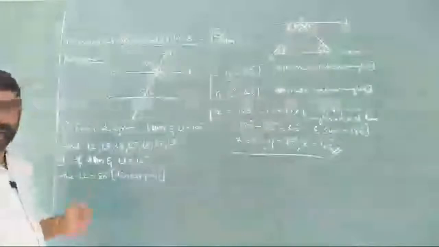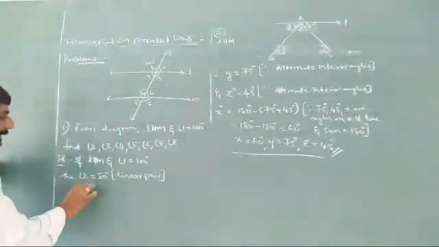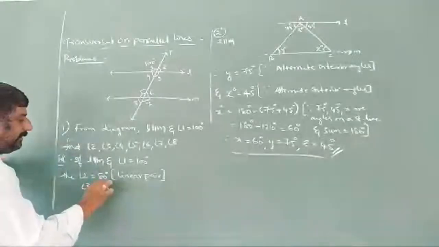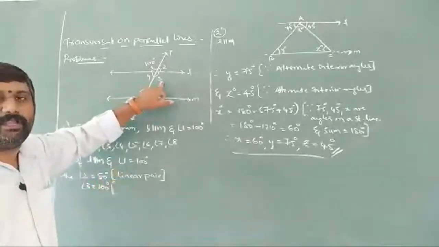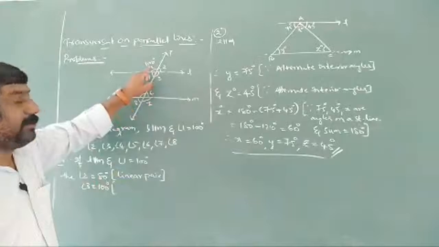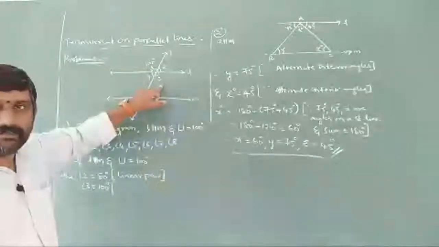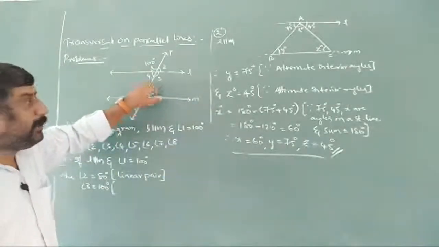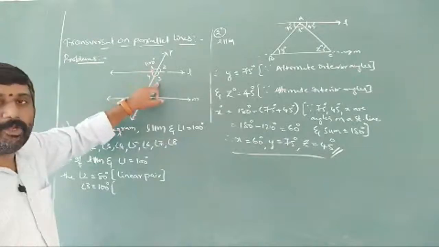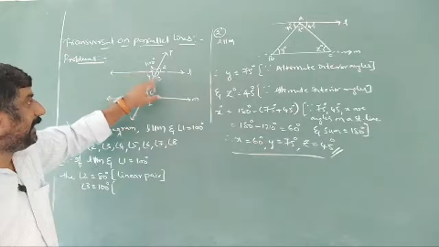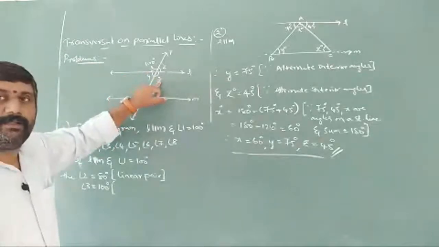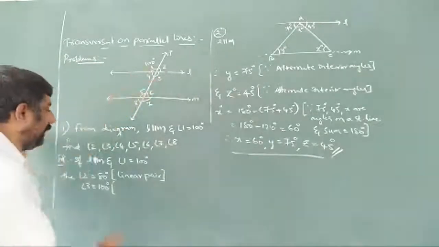Because of linear pair. Angle 3 is equal to 100 degrees. Why are we taking 100 degrees here? Because already we discussed 1 and 3 are vertically opposite angles, and we know that vertically opposite angles are equal. So if angle 1 is 100 degrees, then angle 3 will be 100 degrees, because these two are vertically opposite angles.